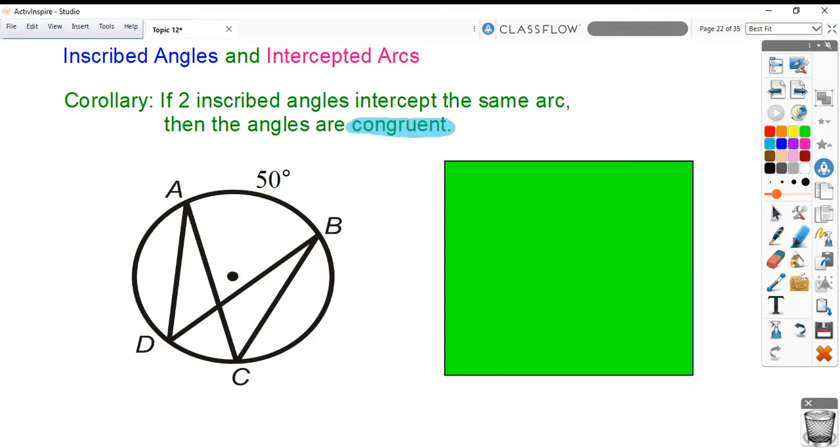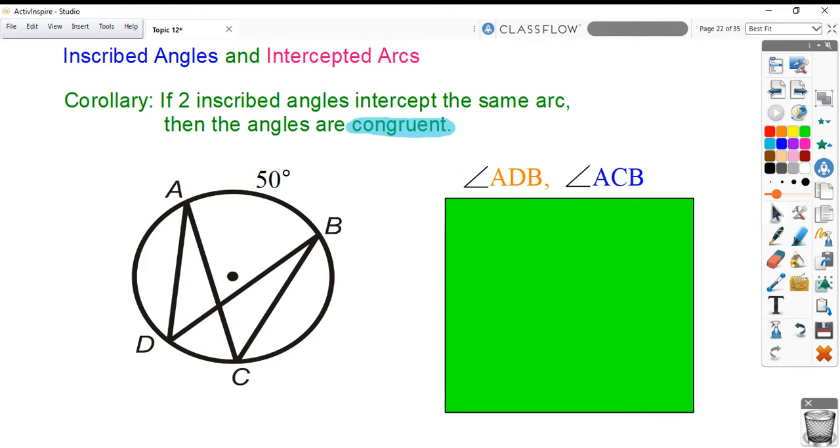As you're looking at this, it's kind of difficult to tell, but we've actually got two angles in this picture that we're talking about. Angle ADB is the first one. That's the angle I just outlined in orange. And our other angle, I'm going to outline in blue, is angle ACB.